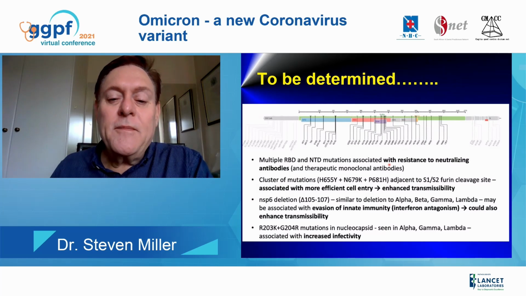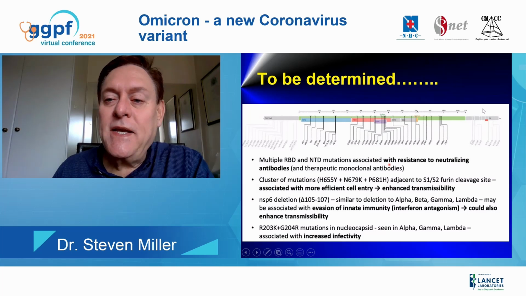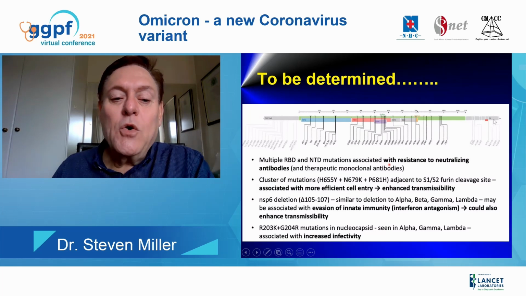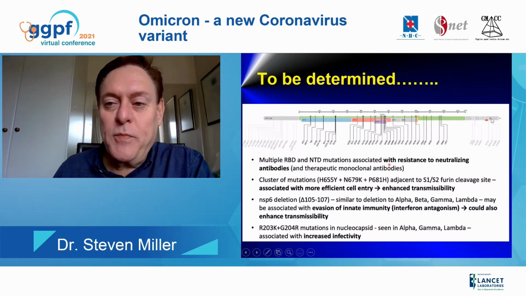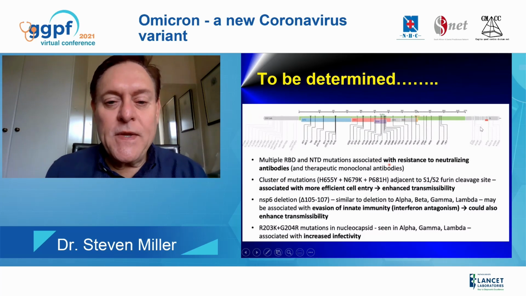And lastly, there are two mutations here that are seen in a distant part of the virus, what is called the nucleocapsid on this side here, which previously have also been associated with increased infectivity.